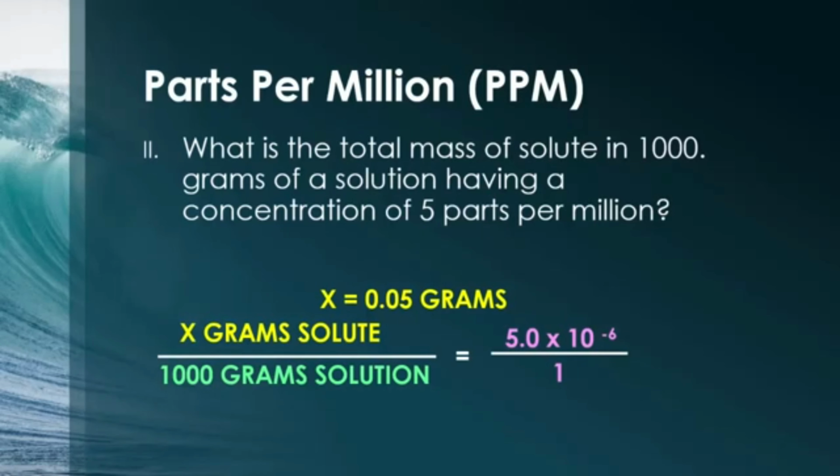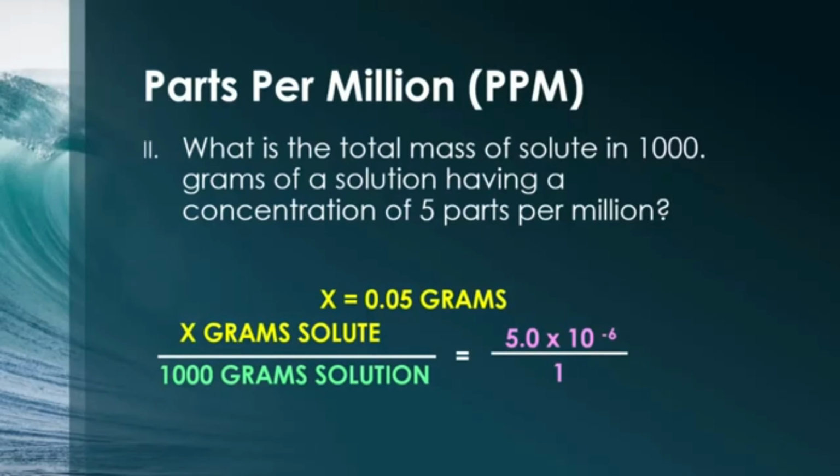So the difference between parts per million and percent is parts per million are out of 1,000,000 and percents are out of 100. So here you can see we're asked to calculate the percent when in 100 grams of solution there are 2 grams of salt. So we're going to take the part divided by the whole times 100. And our answer will come out to be 2%.